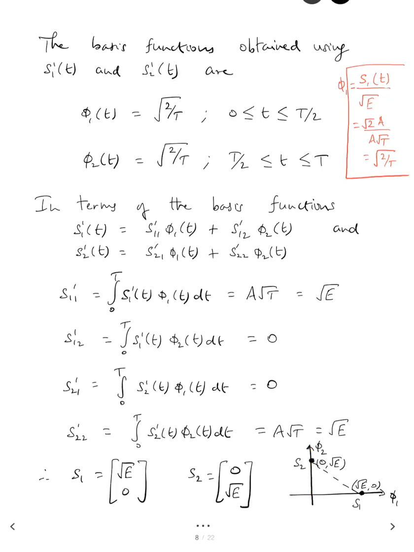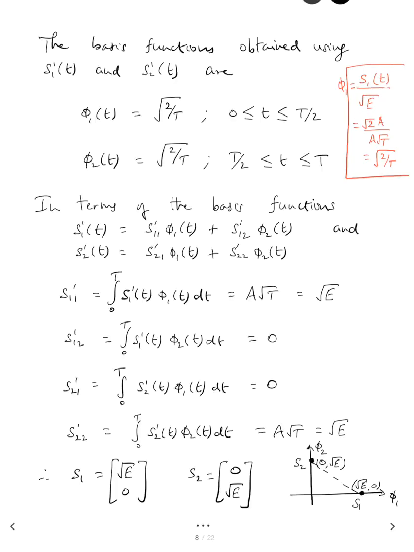Similarly, the projection of S2 on phi 1 is 0 since it lies exactly on the second basis function. With that, if you calculate this with the Gram-Schmidt procedure, you'll get that each basis function is simply the signal divided by its norm.